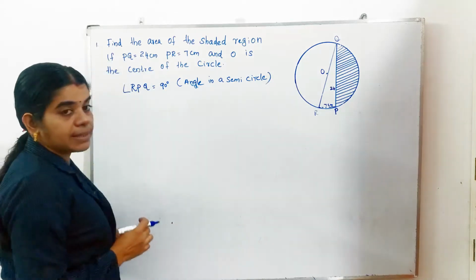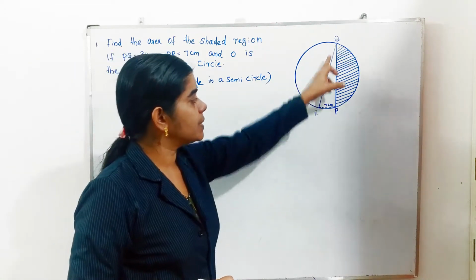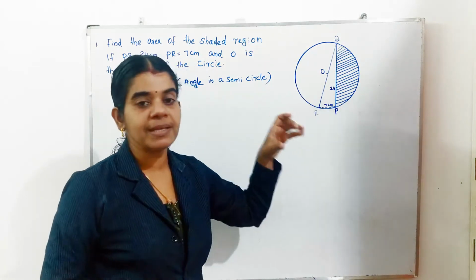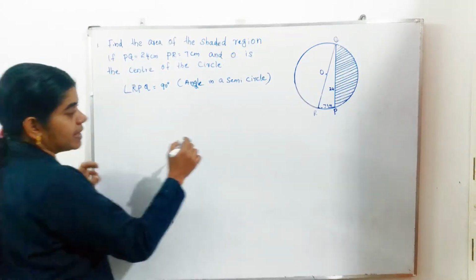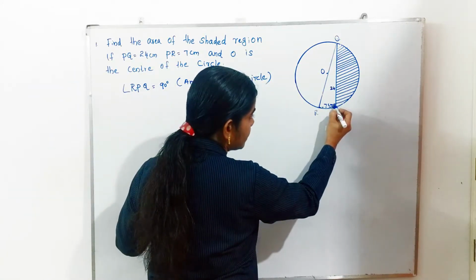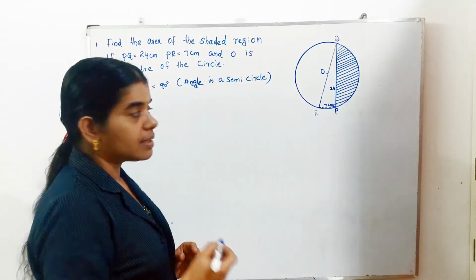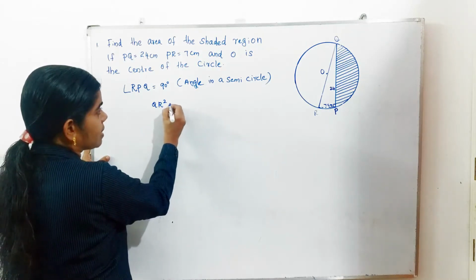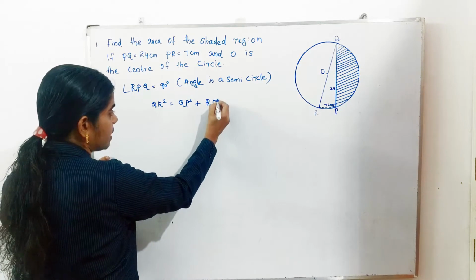Next we can apply the Pythagoras theorem. Then we can find the length of QR, and half of that will be the radius of the circle. Here is the 90 degree, and its opposite side is the hypotenuse, that will be the longest side. Then QR square is equal to QP square plus RP square.